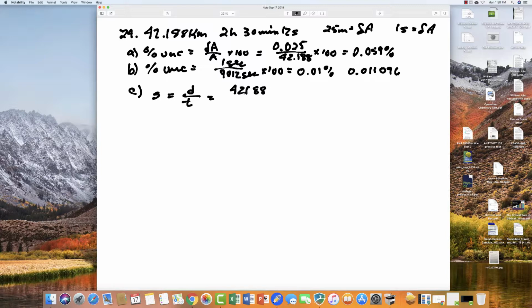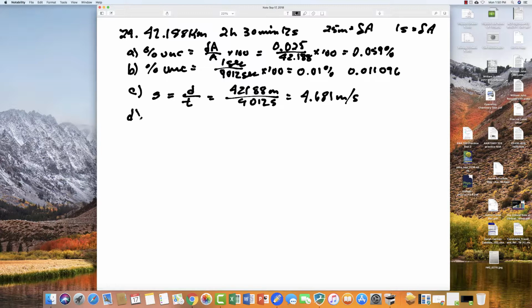So this becomes 42,188 meters divided by 9,012 seconds. So we end up with an answer in meters per second, which is a most useful answer. This is 4 significant figures and this is 5, so our answer will be in 4 significant figures, and it's 4.681 meters per second.